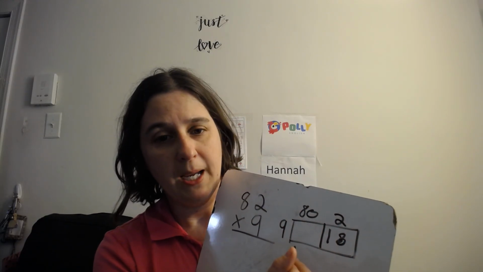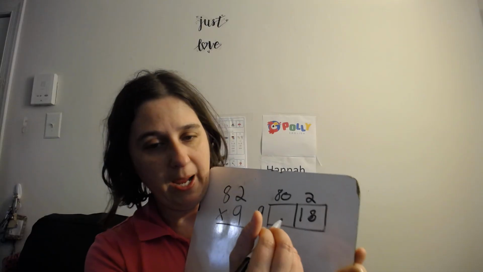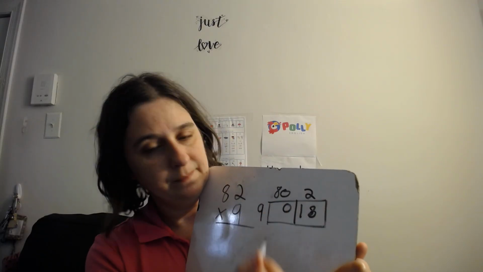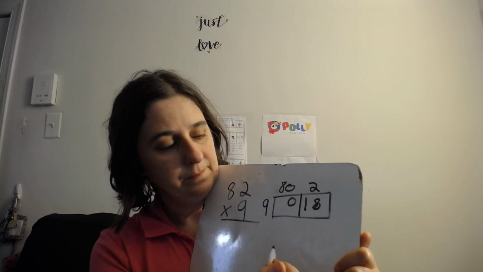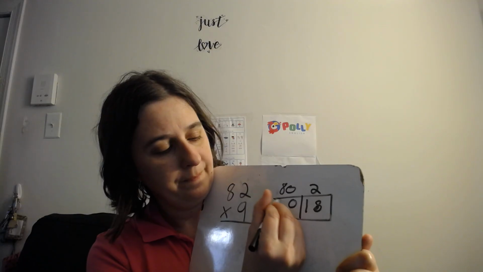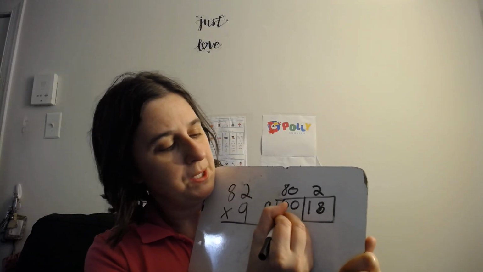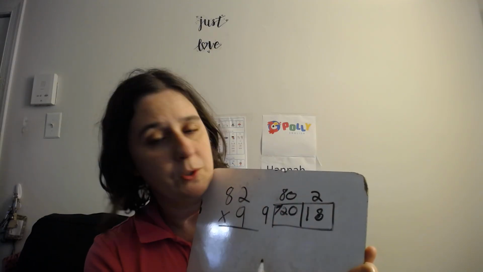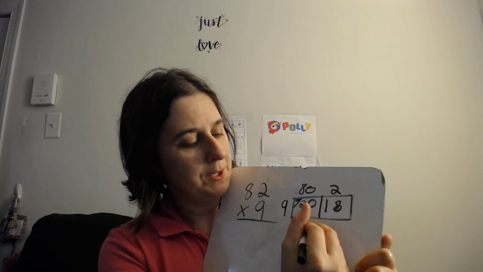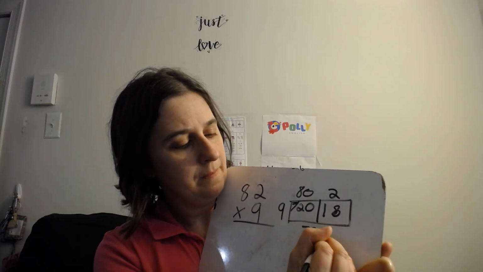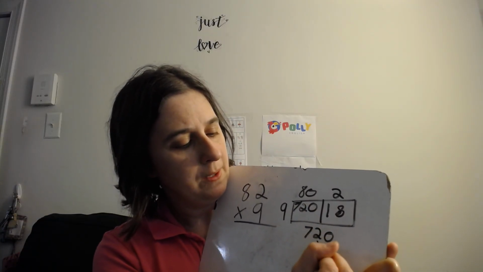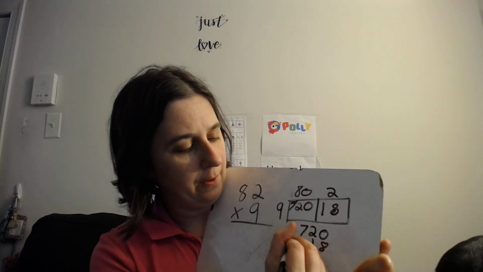Now I'm doing 9 times 80. 8 is a multiple of 10. And then 9 times 8 is 72. So 720. Once again, just add the two numbers together.